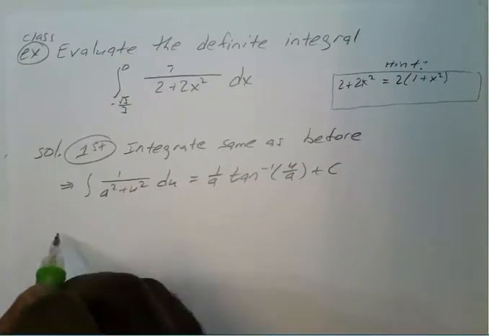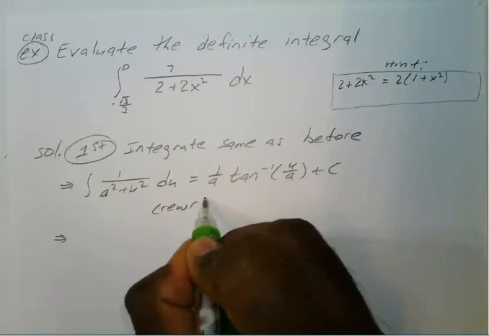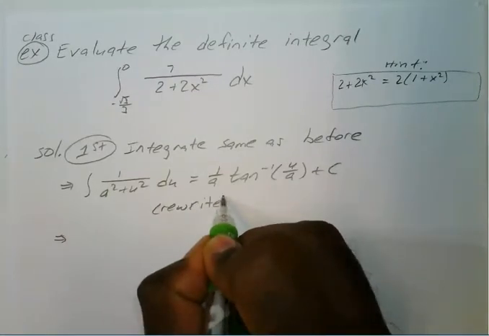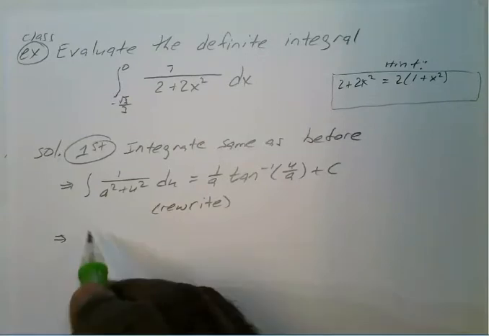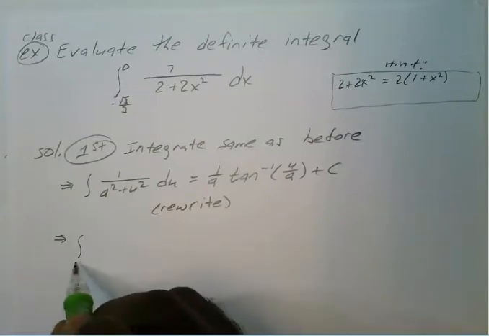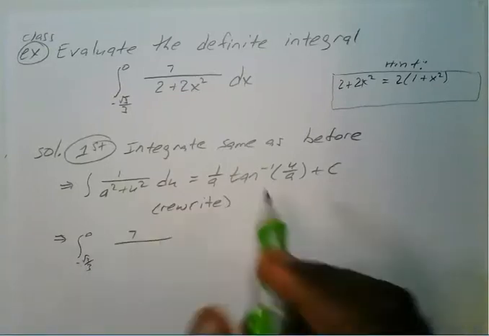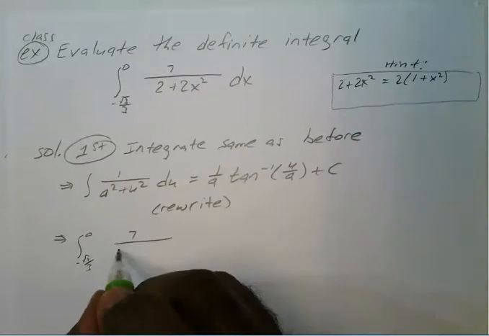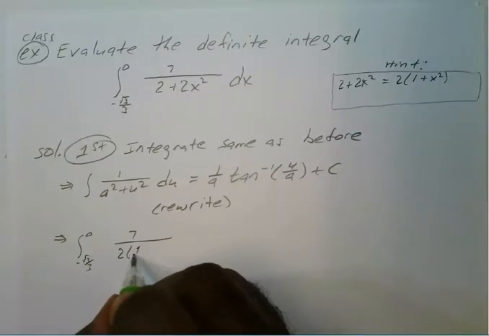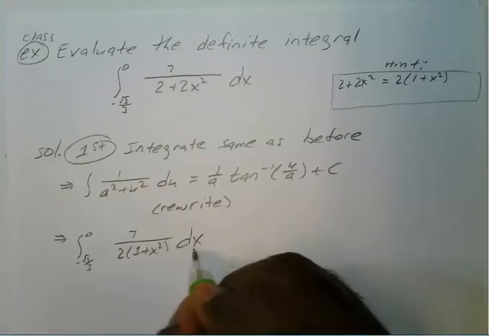Okay, so again, we're going to rewrite it. You have your integral from negative square root of 3 over 3 to 0 of 7 over, we're going to rewrite it like this. So you have 2 times 1 plus x squared dx.